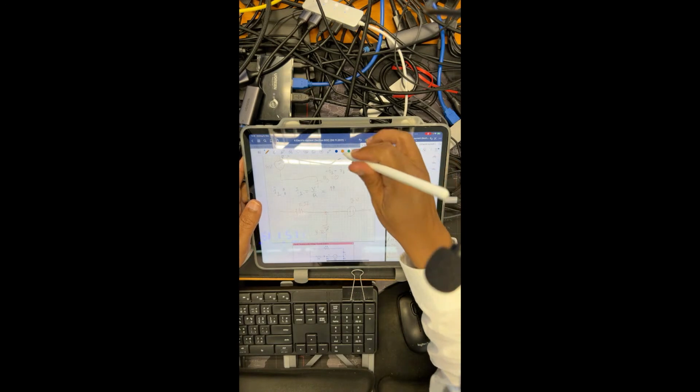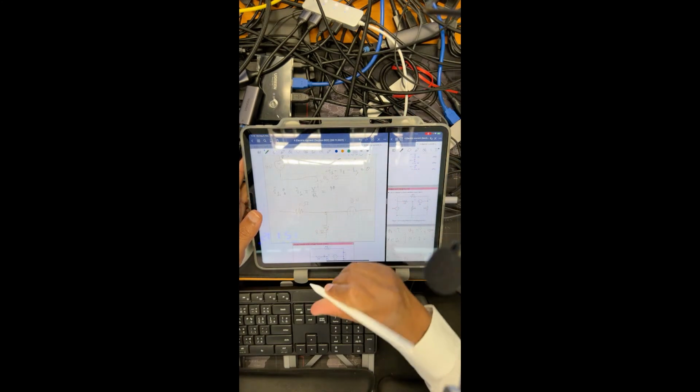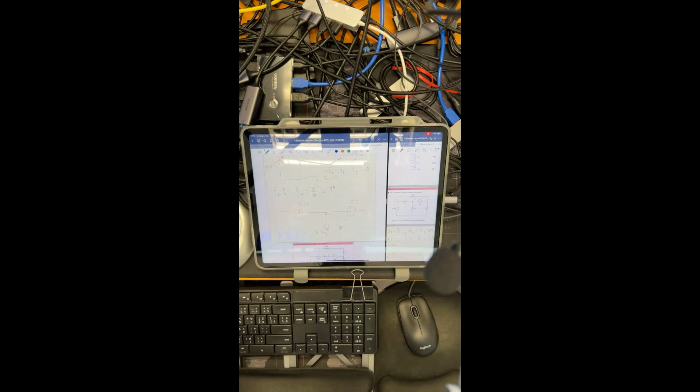Let's build up a current from this node to this node.